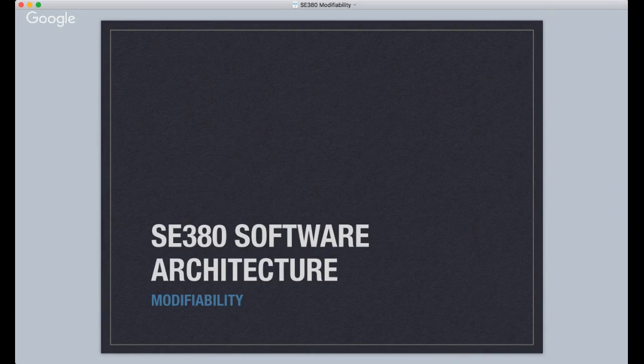Hopefully that's coming through there. I'm just going to switch over to the other screen.